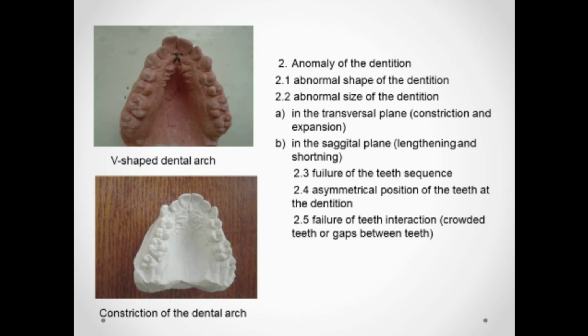In the transversal plane, constriction and expansion. In the sagittal plane, lengthening and shortening. Failure of the teeth sequence. Asymmetrical position of the teeth in the dentition. Failure of teeth interaction, crowded teeth or gaps between teeth.